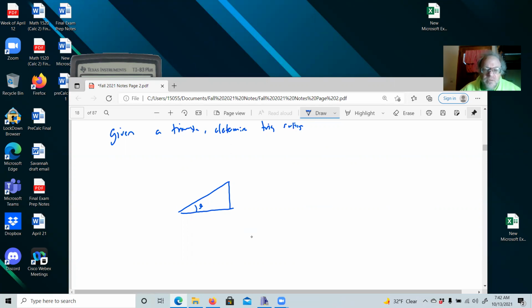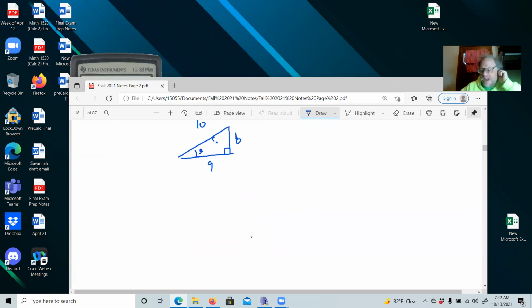So what if we pick something like 9? We'll leave the other as b, and we'll say this one's 10. Remember, the biggest side is the hypotenuse. It's always across from the right angle. And I'd like to know what are the 6 trigonometric ratios of this triangle.